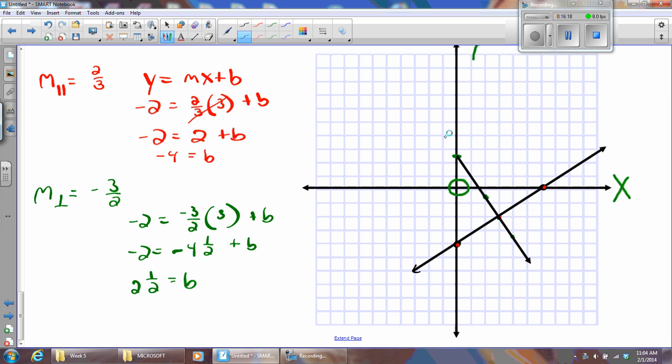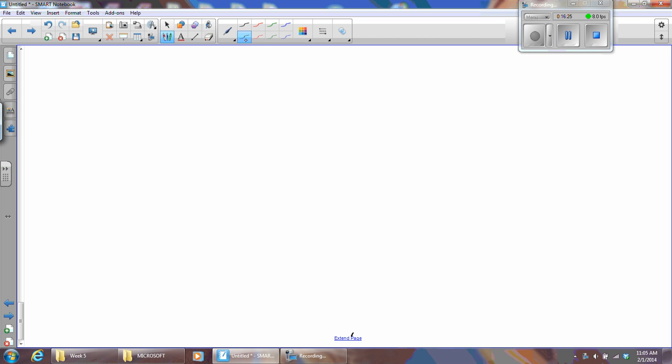Okay, that's it for the actual new learning. Let's recap what we do. First of all, we find our slope. Then we find our parallel slope if we're finding the equation parallel.